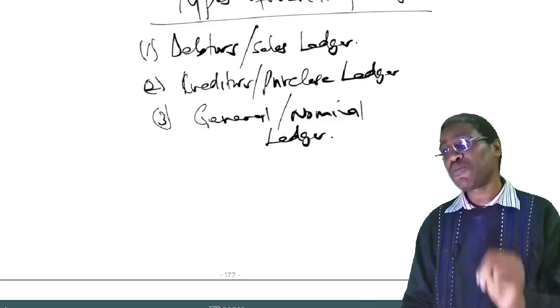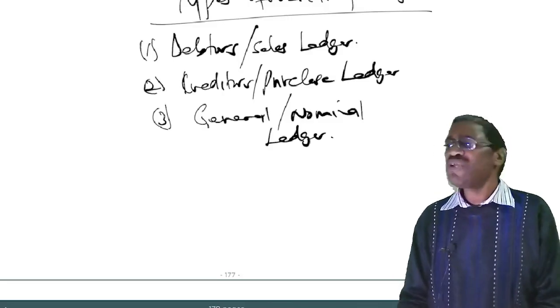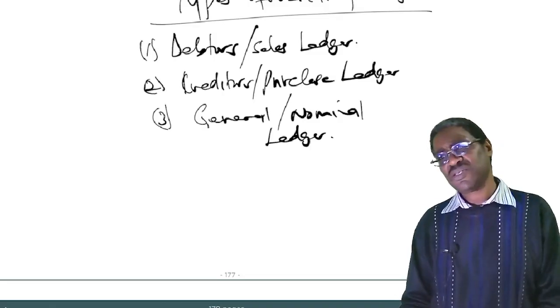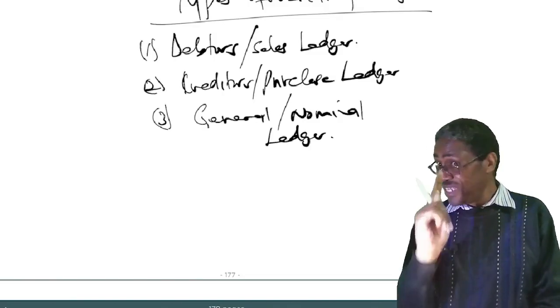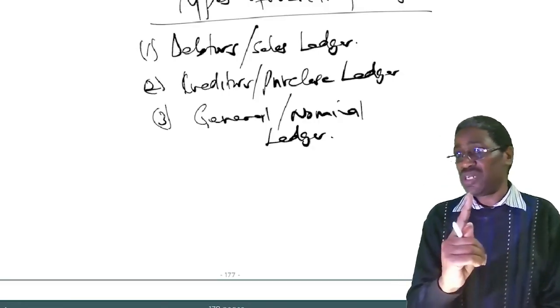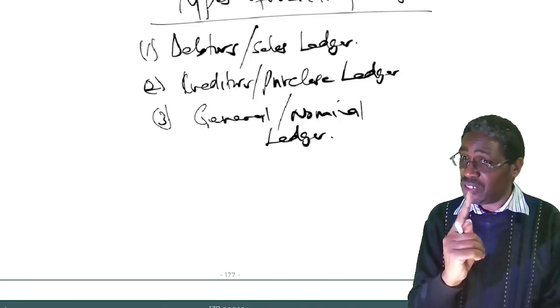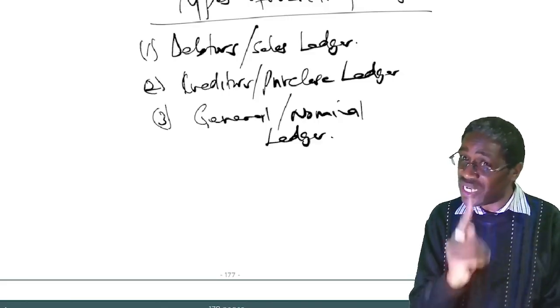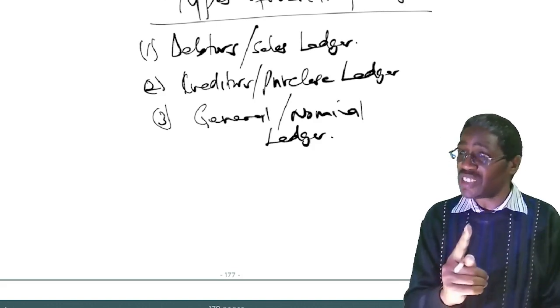For example, when I sell goods on credit, I'll be required to open a sales account. That sales account did not go to the debtors ledger. The debtors ledger is for debtors only. But when I sold goods on credit, it affected sales. So I can't put the sales account in the debtors ledger. I only put the account of Kamau, the account of Wanyonyi as a debtor, and so on.